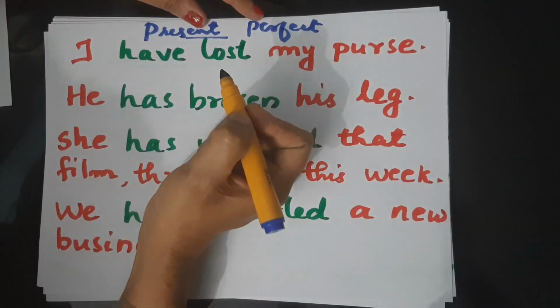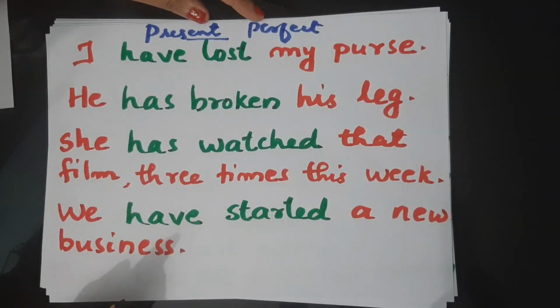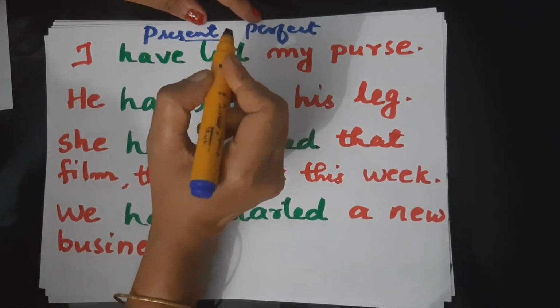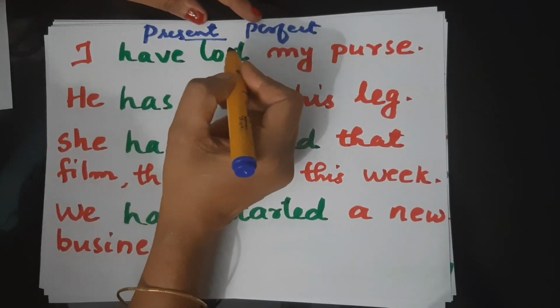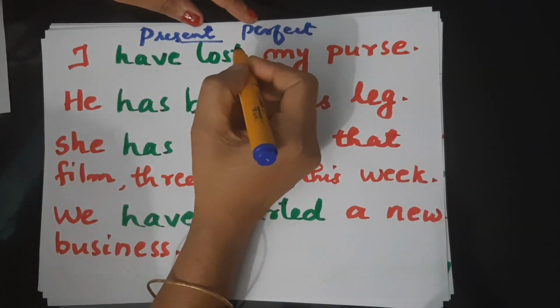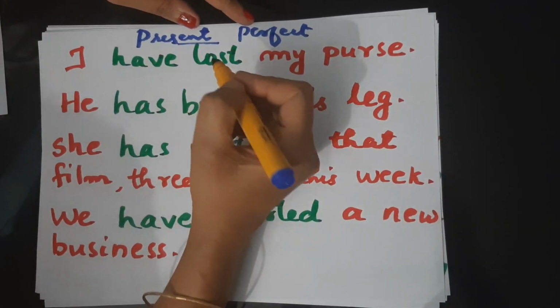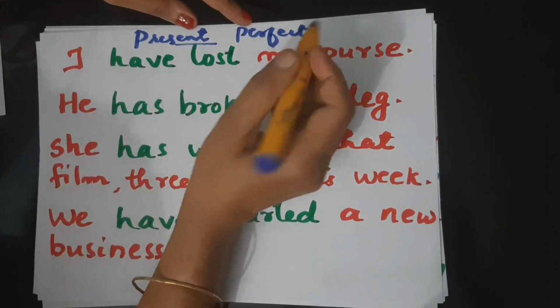Or you could say an action that happened recently. Okay, a just completed action or an action that happened recently. It can be before 2 minutes or before 2 days or even before 2 weeks.